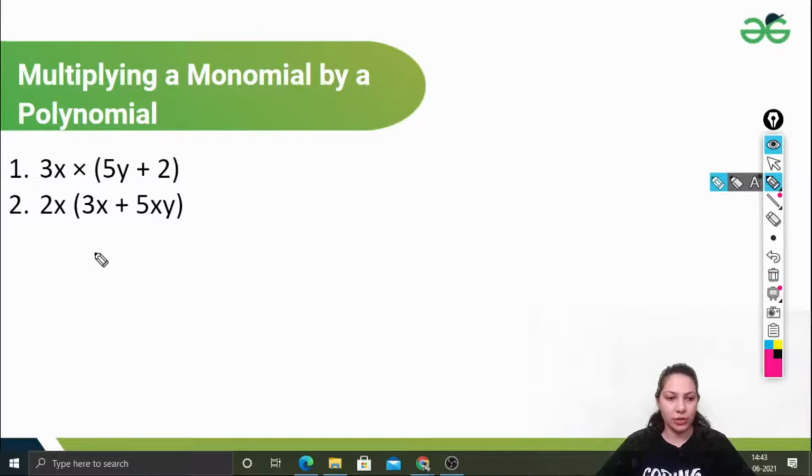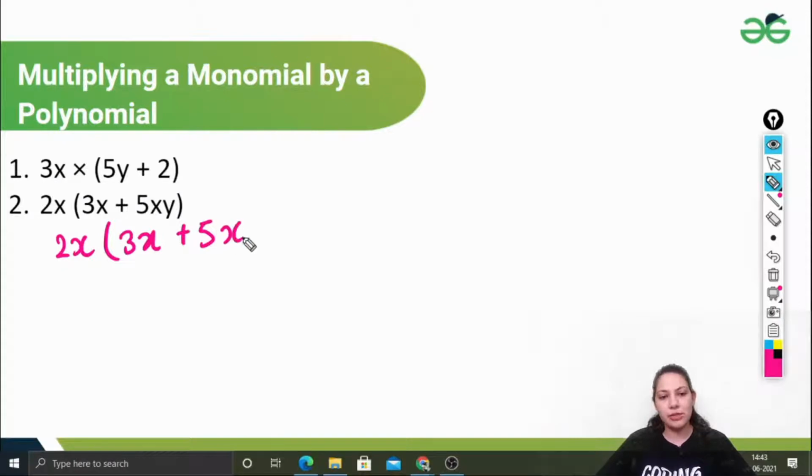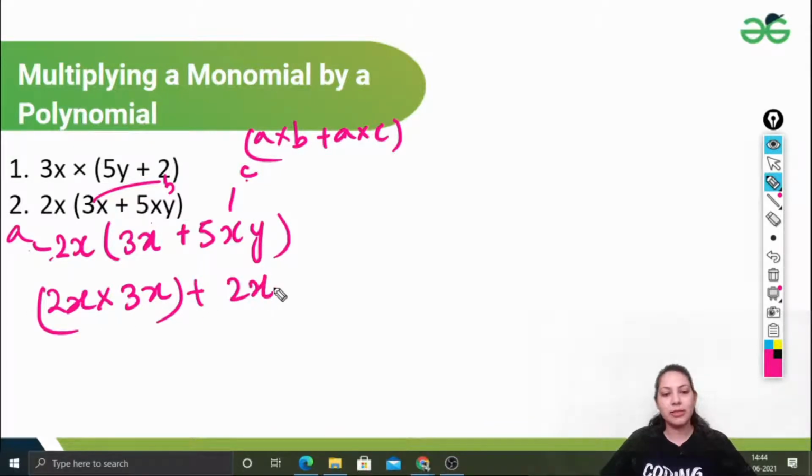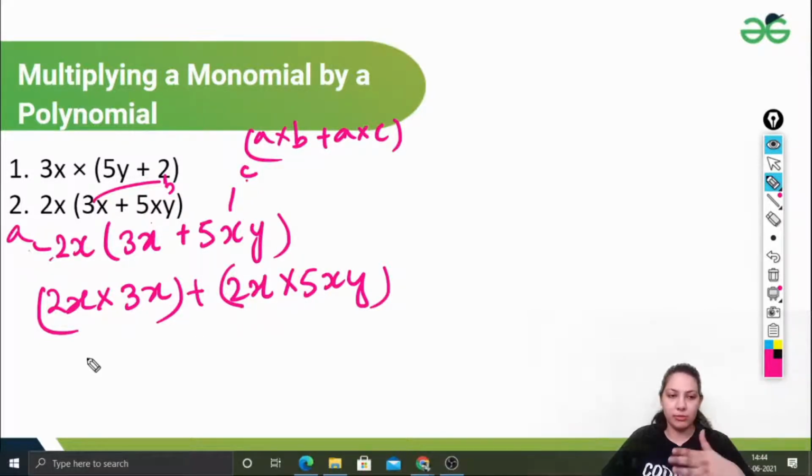Let us do the second question. 2x into 3x plus 5xy. So if this is a, this is b and this is c, then a into b plus a into c, right? A into b plus a into c. So 2x into 3x plus 2x into 5xy. अब जैसे हमने पिछली बार monomial by monomial किया था, the last slide we did multiplying monomial by monomial, we will solve it the same way.